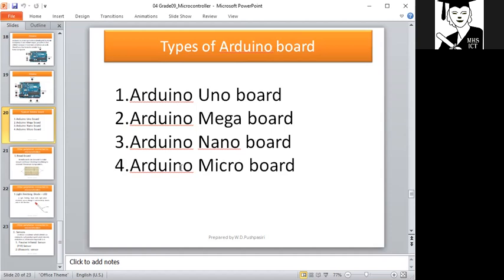There are separate computer electronic classes where they do programming. And there is another class called microcontroller classes.